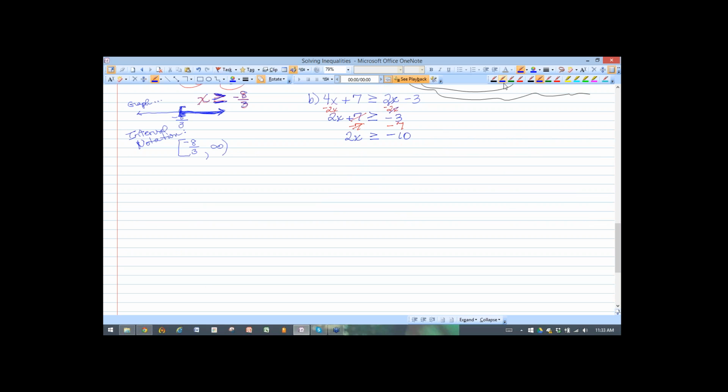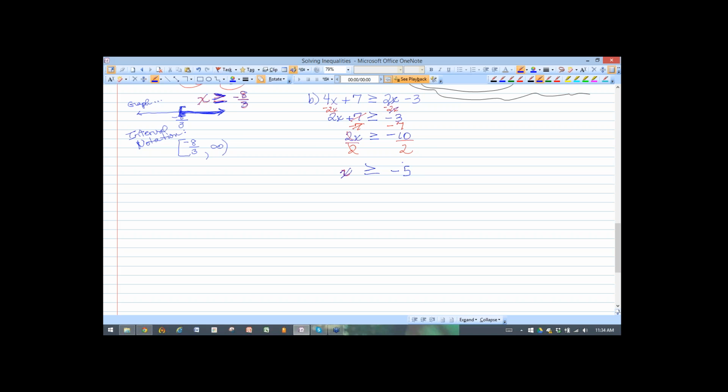Now what do we do? We divide by whatever's attached to x, right? In this case that's the positive 2. So I have x greater than or equal to negative 5.